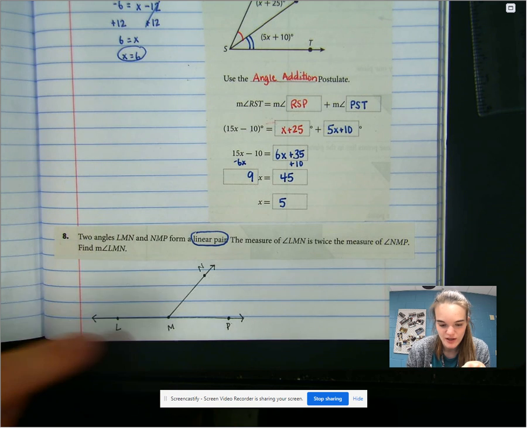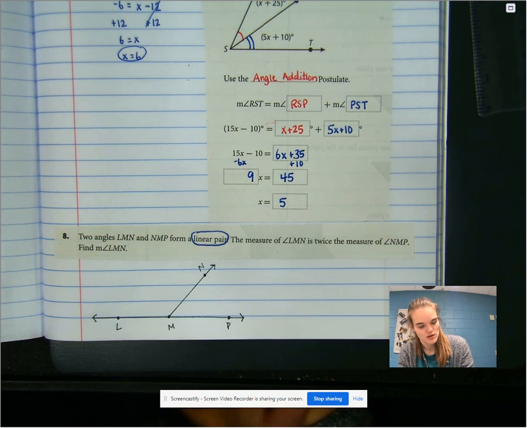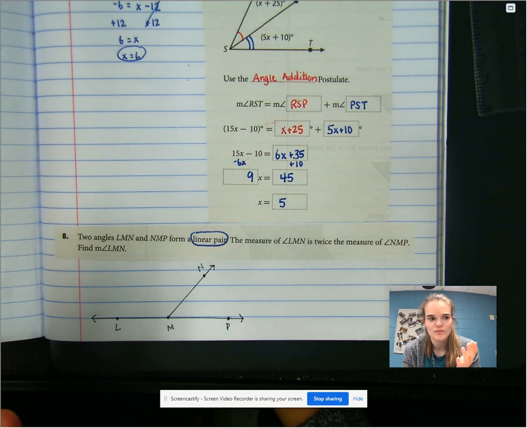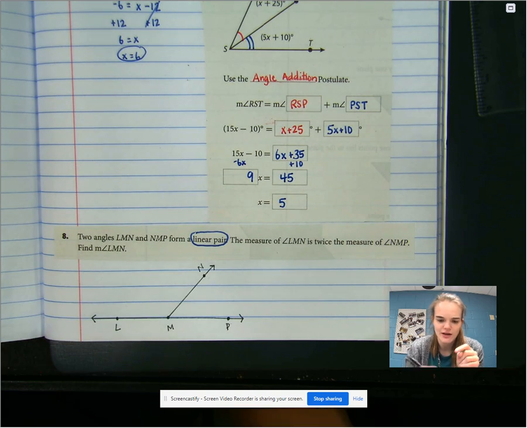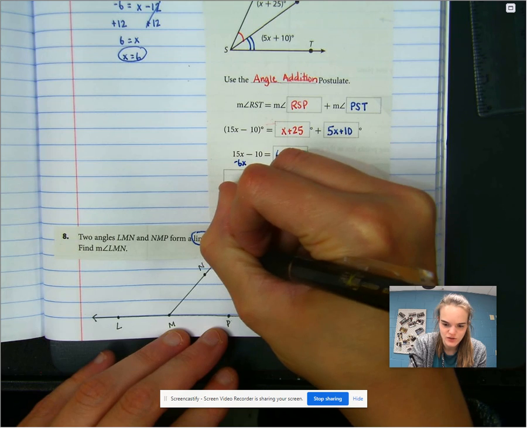Okay, it says this angle is twice this angle. Well, okay, we could set up an equation, or we could think about what number it would have to be. Because remember, a linear pair, these two angles are going to add up to 180 degrees.